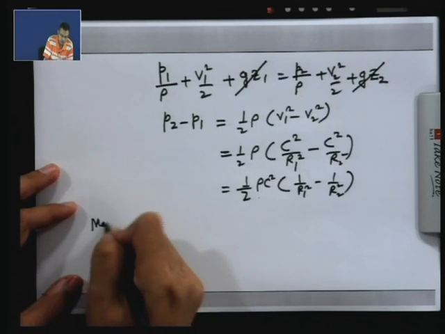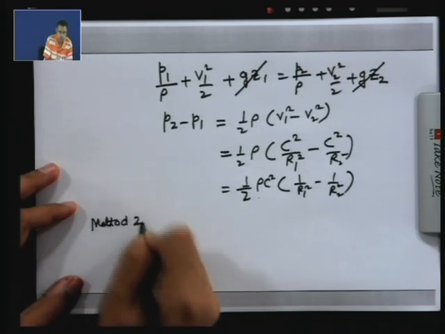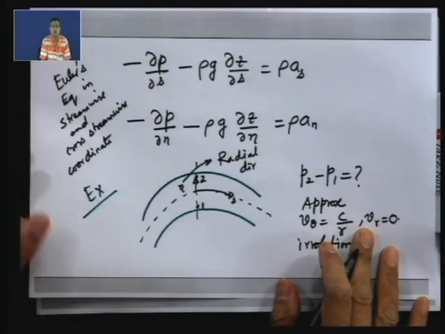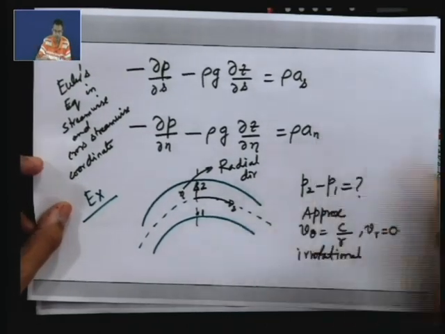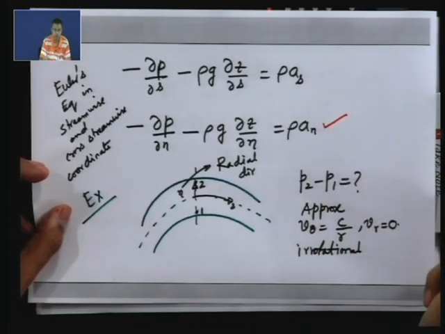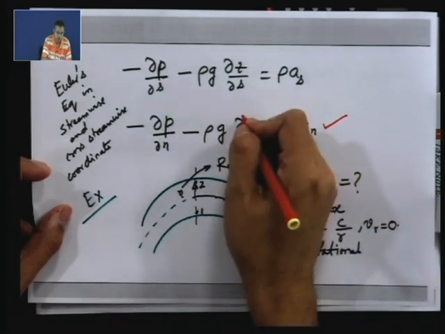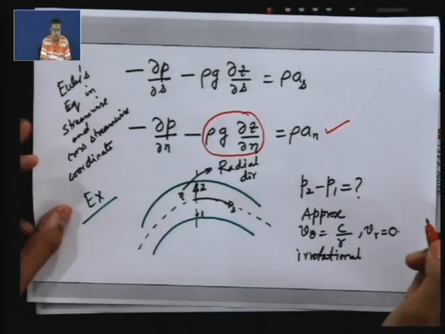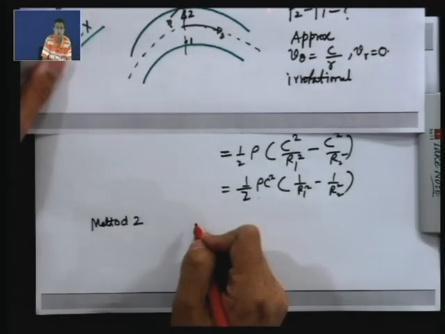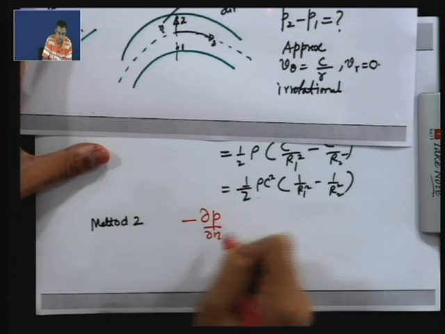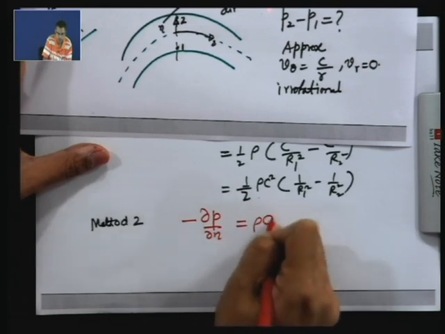Let us consider a method 2, where we use the Euler's equation in the cross streamwise coordinate. By that we mean this equation. In this equation we are not considering the effect of the height term. So minus del P del N is equal to rho A n.